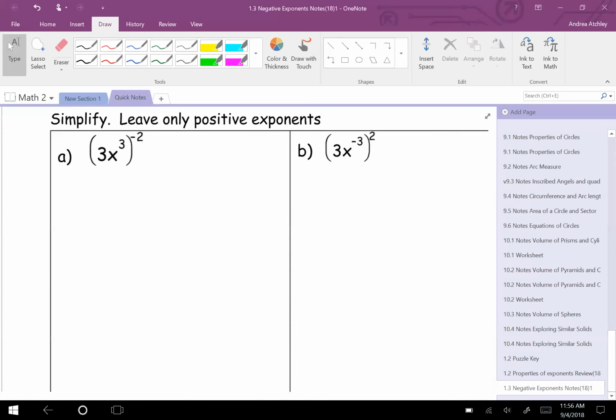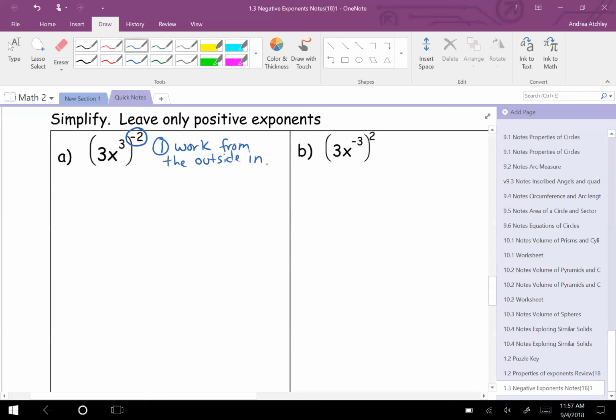So when you're dealing with exponents, you should probably work from the outside in. When you have parentheses, you want to work on that exponent that's on the outside first. In this case, it's a -2 as my exponent.